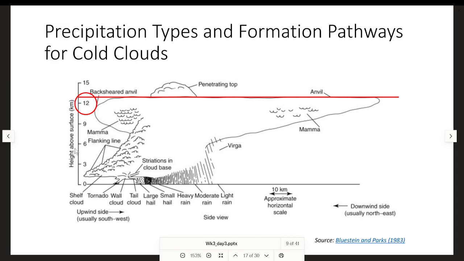And this is where it starts being cold and rainy. This penetrating top is hitting the 15 kilometer line, and this 12 kilometer line is the top of the anvil. So, no, it starts as snow here. That's the important thing. Clouds form snow, which forms rain in Oklahoma.